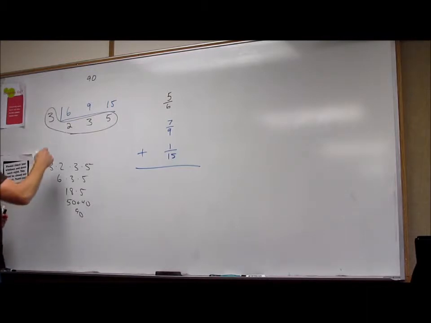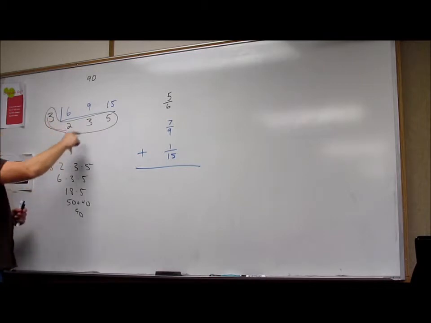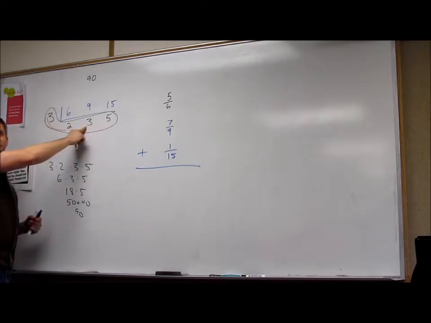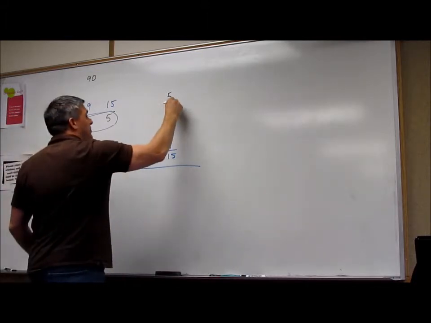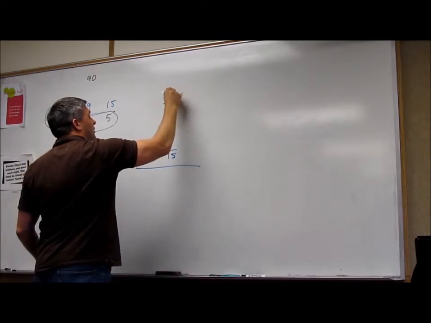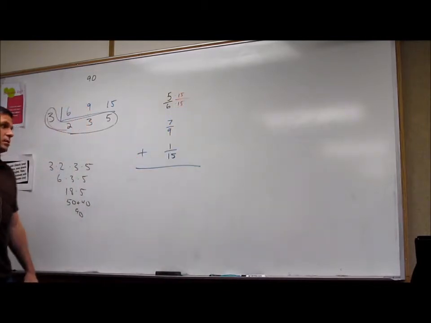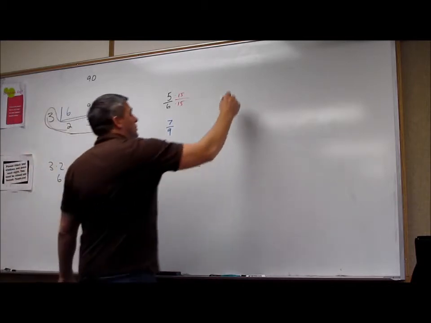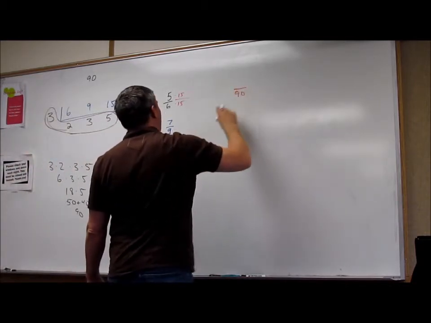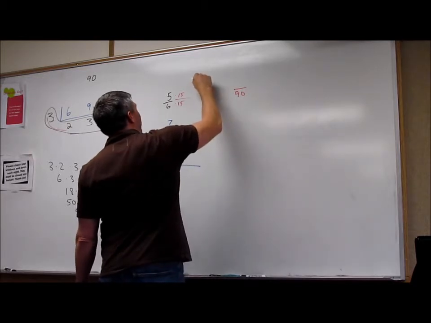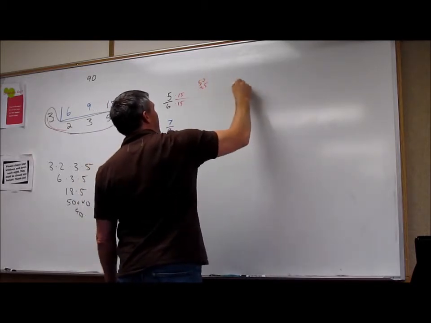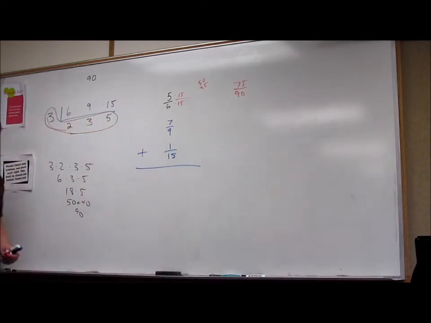I said 6 times 15 is 90. So here I've got 90 and I've got 5 times 15, which is 50 plus 25, or 75. Right? Okay.